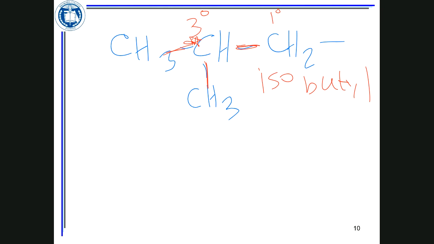So then you have sec-butyl. Sec-butyl is attached from a secondary carbon. So that sec doesn't come from second carbon, it comes from secondary carbon. If you have the branch that looks like this, CH3, CH, but attached from this carbon, it's going to be sec-butyl.